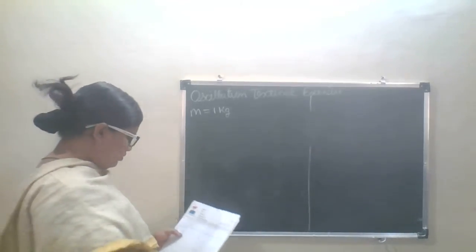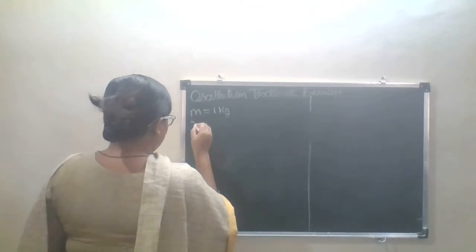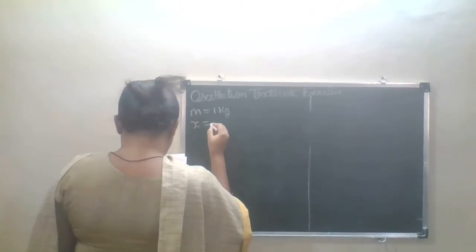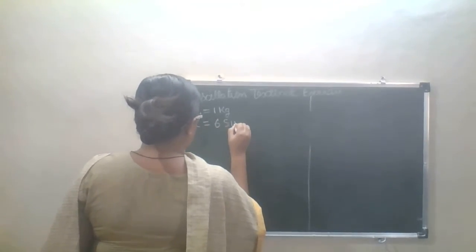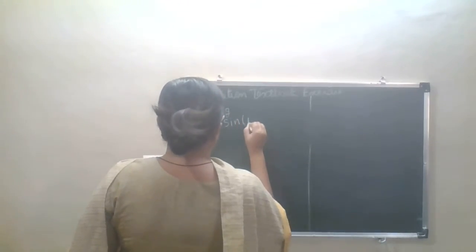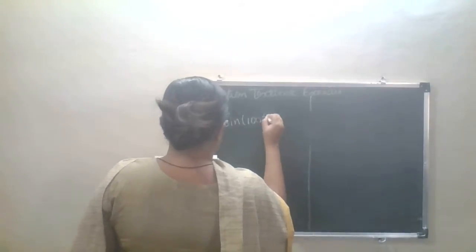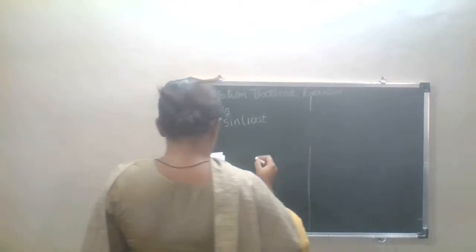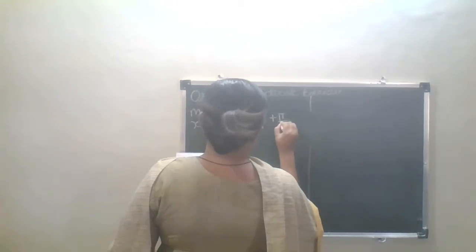Here x is given as 6 sine. I will write what is given and what to find, then the solution, and explain the terms. I will not write the question on the board.